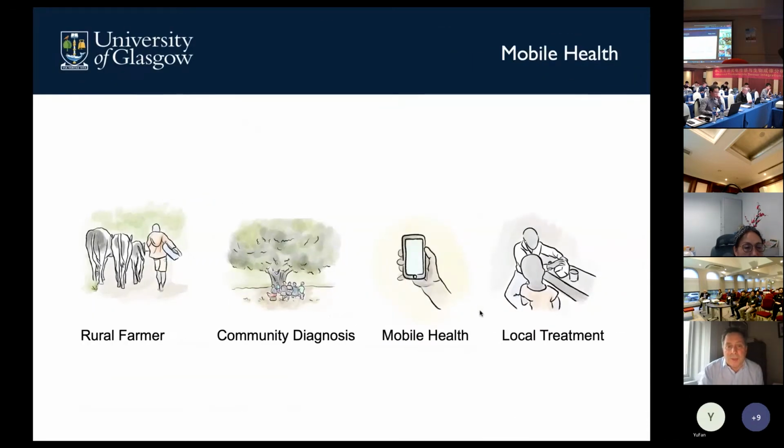So the concept that we have here is that we want to be able to work within communities where people are going about their everyday life, to be able to do diagnosis within those remote villages where there are perhaps no power, no running water, using a mobile platform to be able to provide decision support.